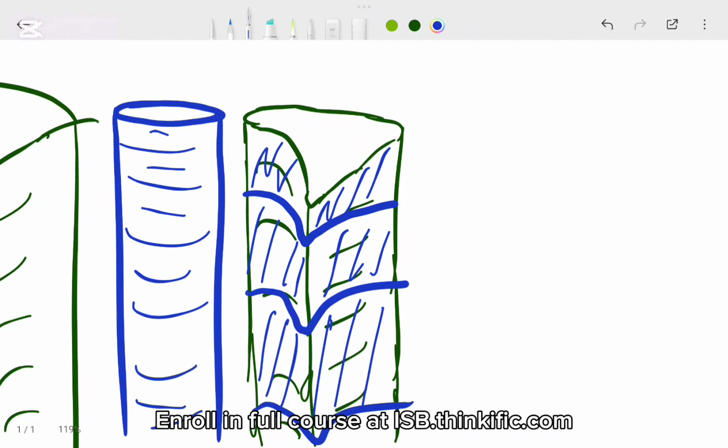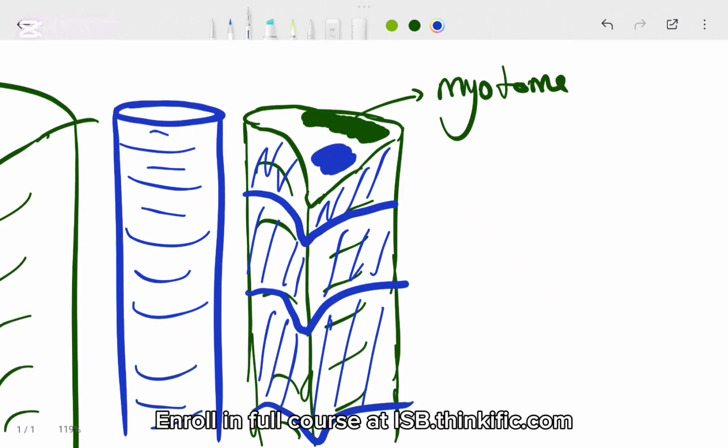Each somite has cells which are going to form muscles. This is called myotome, for muscle. And there are cells which will develop bone and cartilage and tendons, which is called sclerotome.